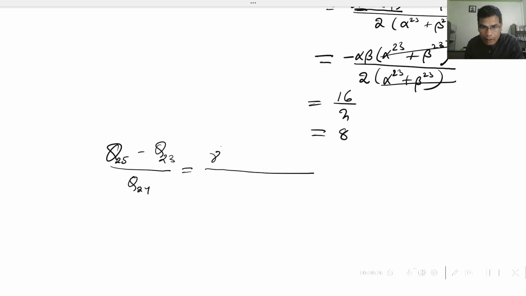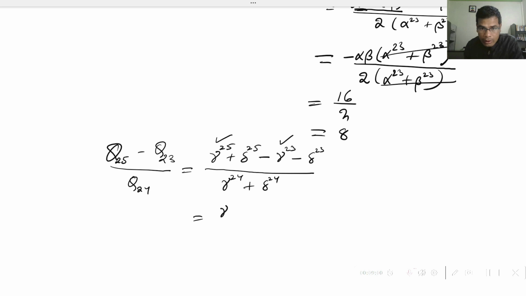This is gamma to the power 25 plus delta to the power 25, then minus gamma to the power 23, minus delta to the power 23, and this whole thing divided by gamma to the power 24 plus delta to the power 24.